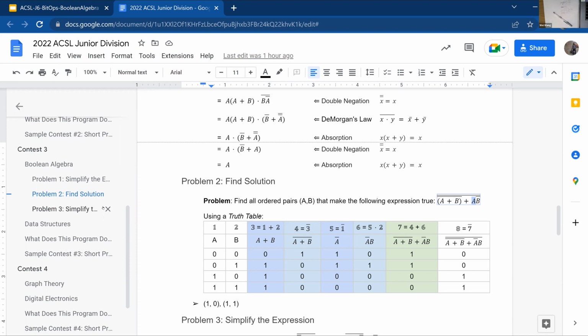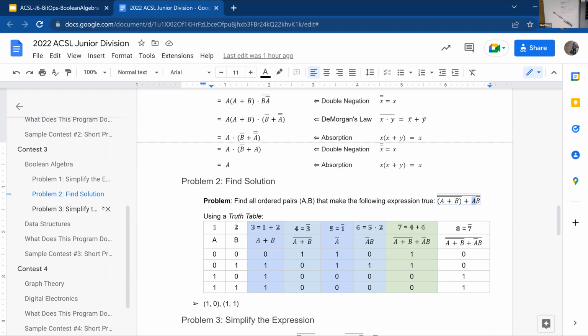Okay. So this is how this truth table works. You basically use a column to represent one operation in this expression. So A or B is in there, not A is in there, and then not A and B is in there.